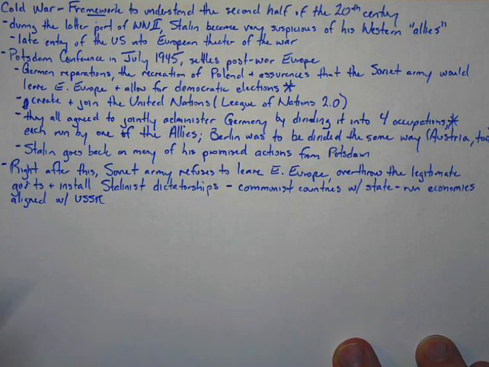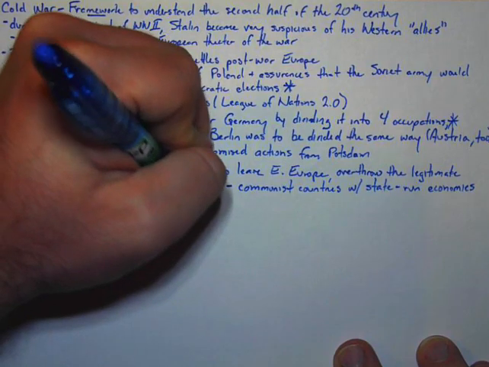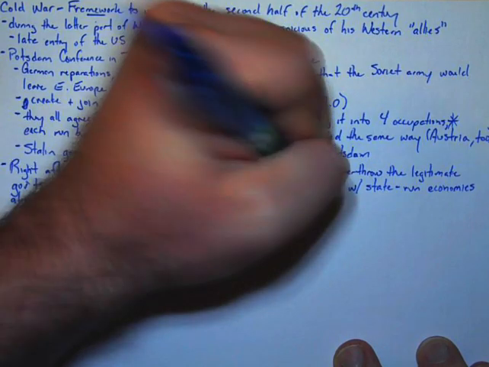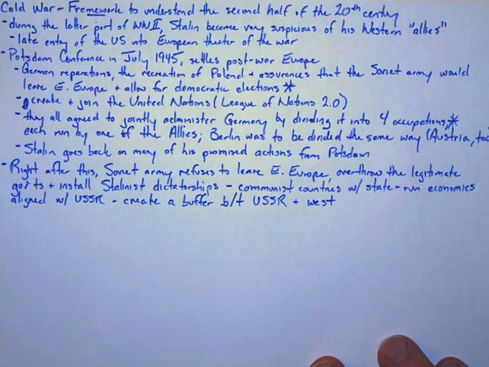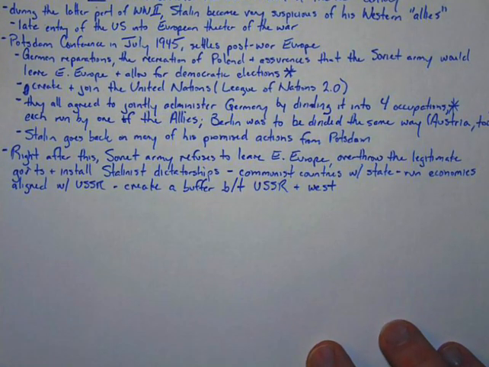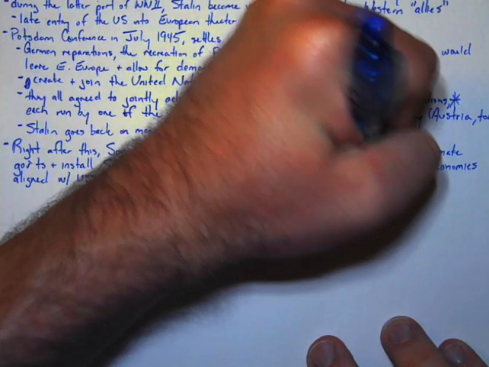And Stalin did this to create a buffer between the Soviet Union and the West. He does not trust them, so he creates this buffer area in between the Soviet Union and the Western democracies of Western Europe. This area becomes known as the Iron Curtain.